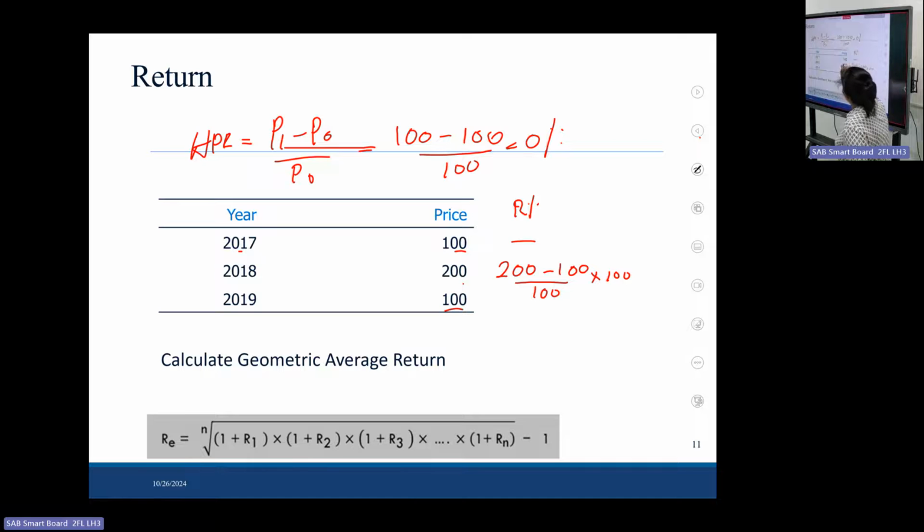This is P1, this is P0. Using the formula P1 minus P0 divided by P0, you will get the return for 2018 as 100%.